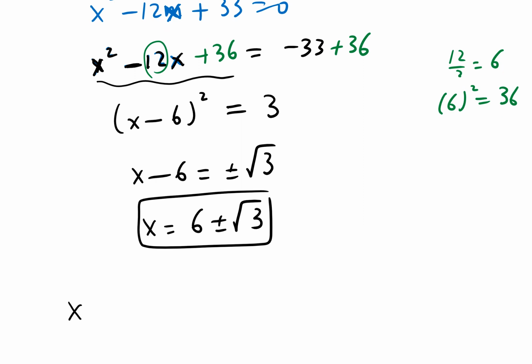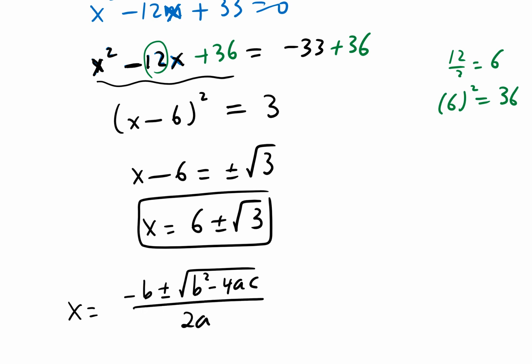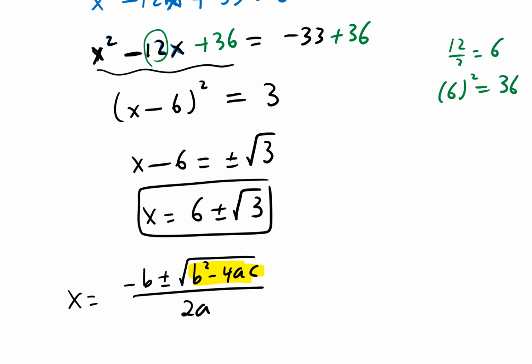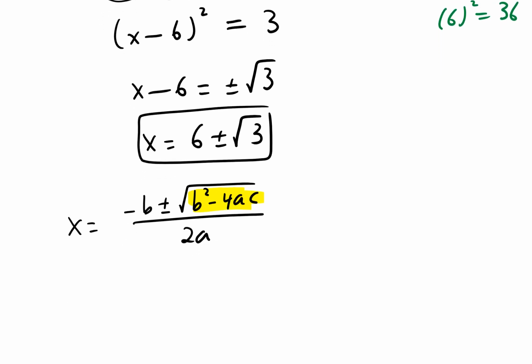Recall, when we use the quadratic formula, negative b plus or minus the square root of b squared minus 4ac, divided by 2a, the term inside the radical sign, b squared minus 4ac, we call it delta, and this is called the discriminant.